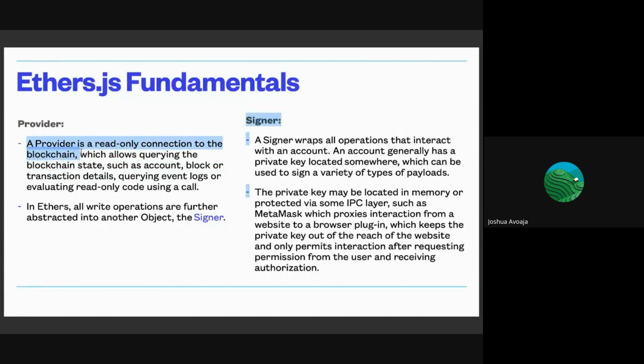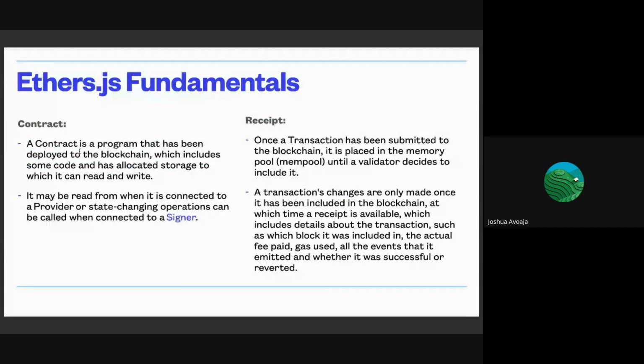So if you provide a provider while instantiating a contract, the contract can only execute read methods, can only read from the blockchain. It cannot write to the blockchain, it cannot change state. But if you provide a signer, the contract can both read and write to the blockchain. I don't know if that's clearer. If that's clear now, I'm golden.